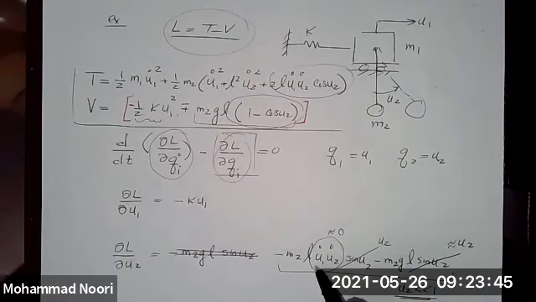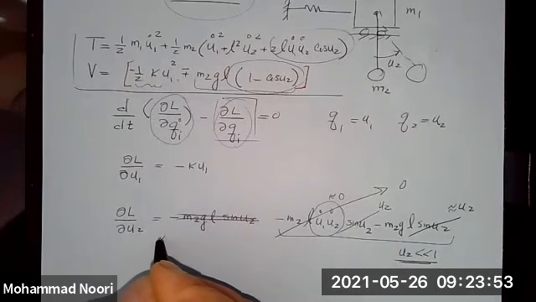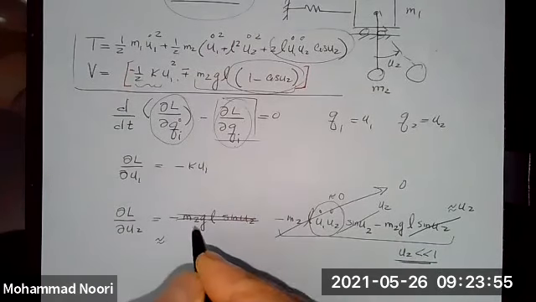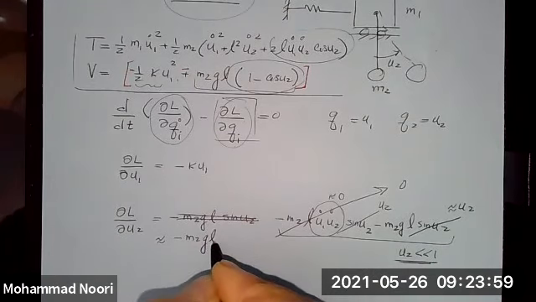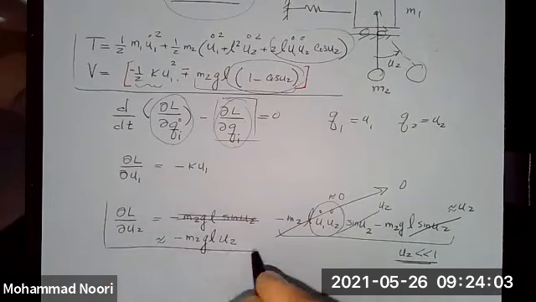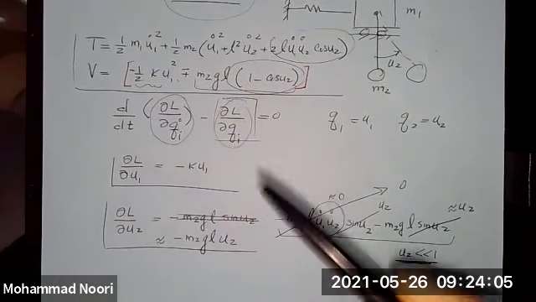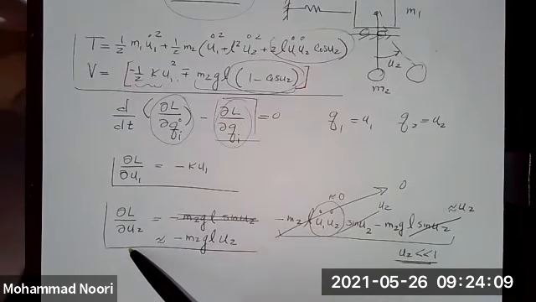The product of two very small numbers is a very small number. So we can ignore this term. So this can be simplified to just minus m2 g L u2.